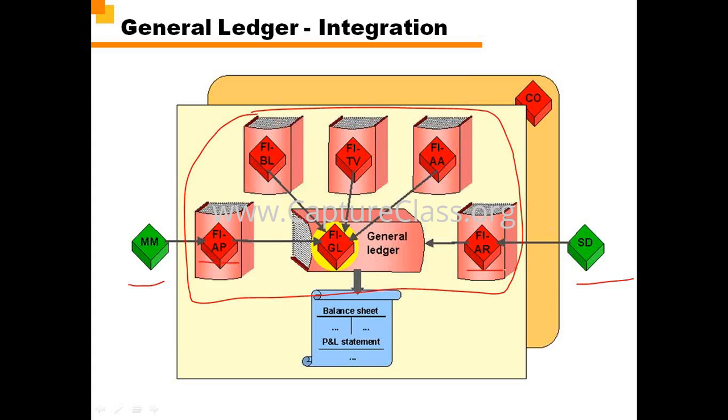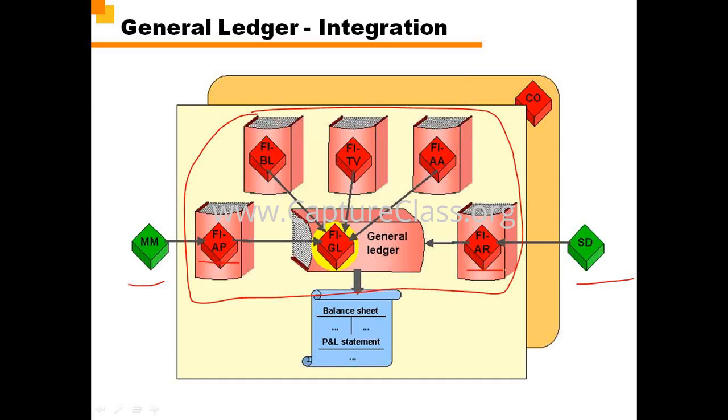Here, you know that each module of SAP is used to manage one department in the company. So whenever these modules are implemented, in every department, there are some expenses incurred and some revenues derived. Whenever the expenses are incurred and revenues are derived in any department, those expenses and revenues are posted by the end users in the respective department.